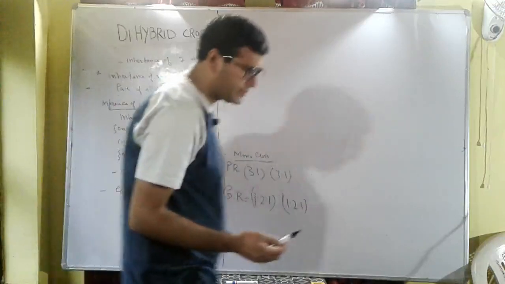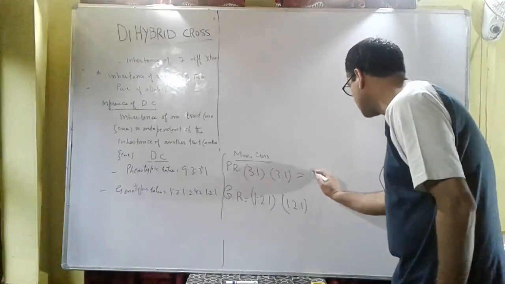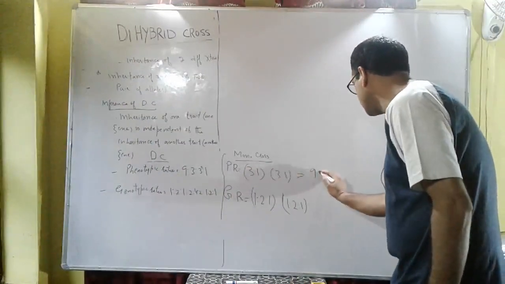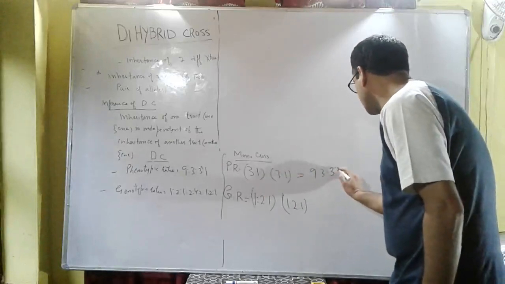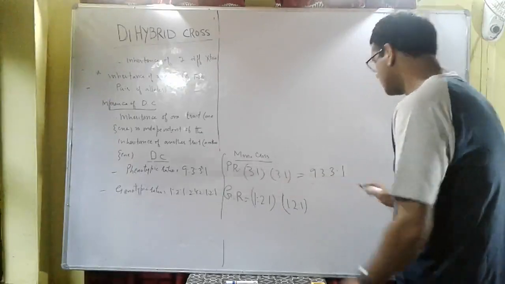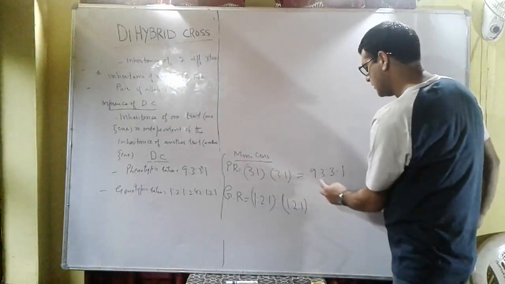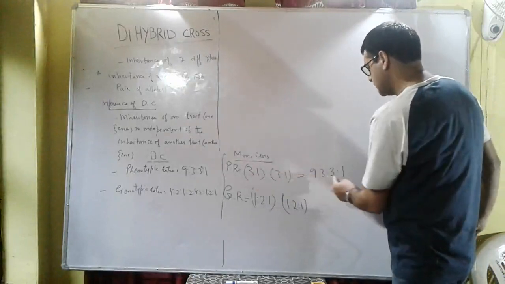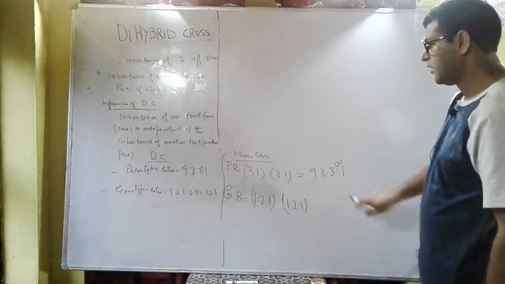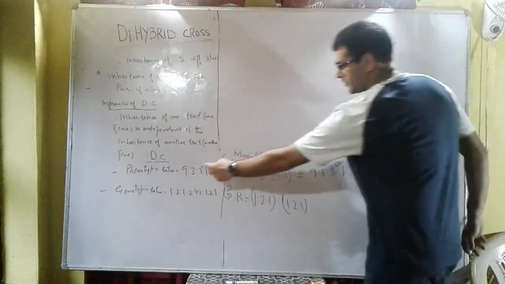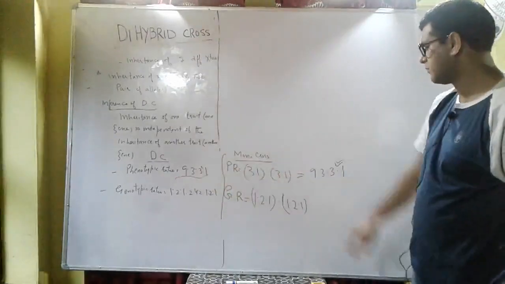We have 3 3s are 9, 3 1s are 3, 1 3s are 3, 1 1s are 1. So this is the typical phenotypic ratio in case of dihybrid cross, which we have calculated from the monohybrid cross.